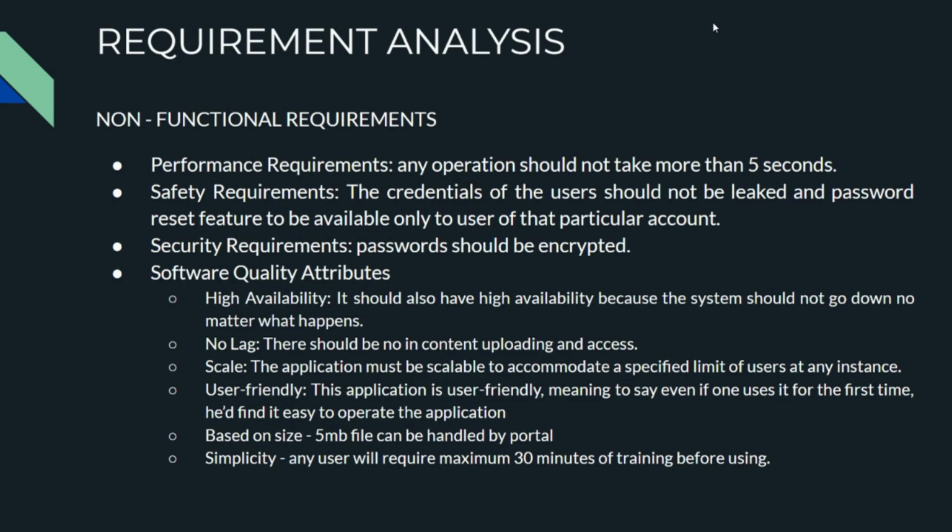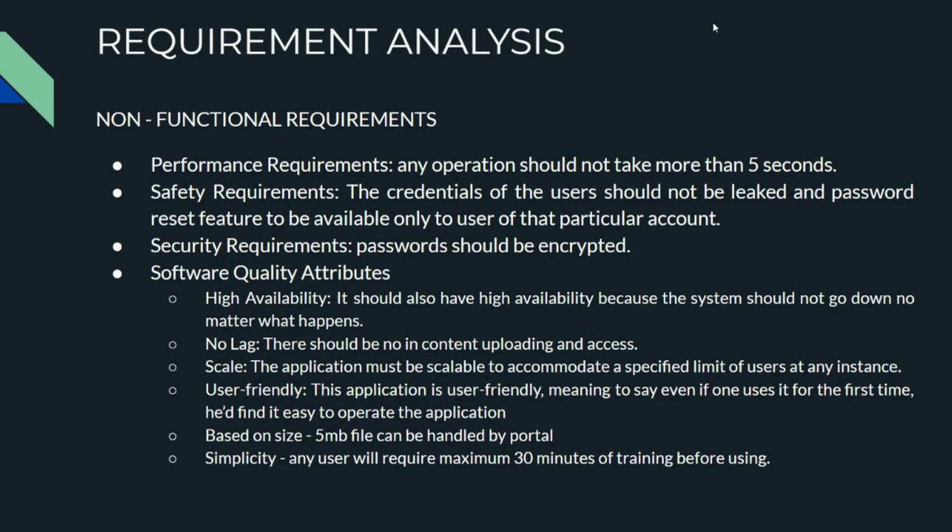Software quality attributes include high availability. The system should not go down frequently. There should not be any lag in content uploading and access. The application should be scalable to accommodate a specified limit of users at any instant.